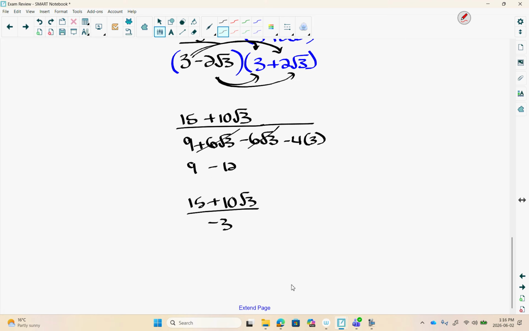Yeah? And I would write that like so. Negative 15 minus 10 root 3 over 3. Or you could even write it as negative 1 times 15 plus 10 root 3 over 3. I can't do anything else with that.